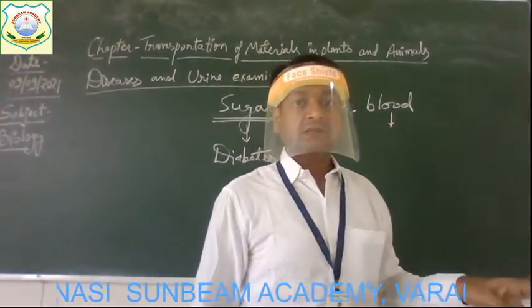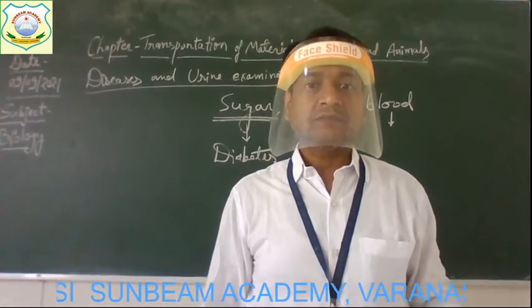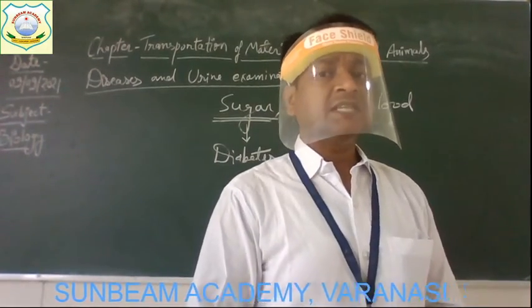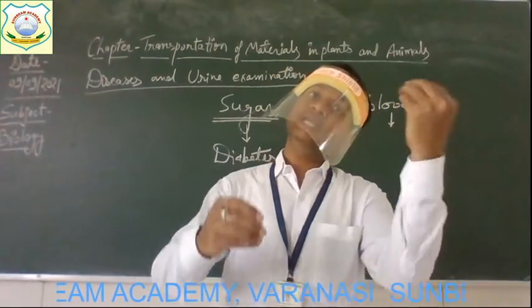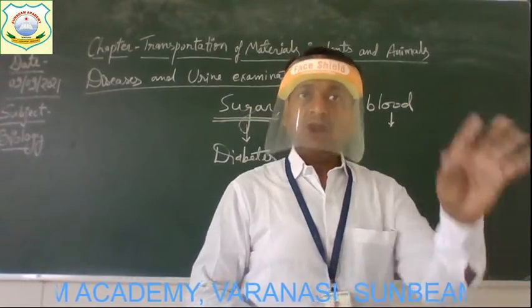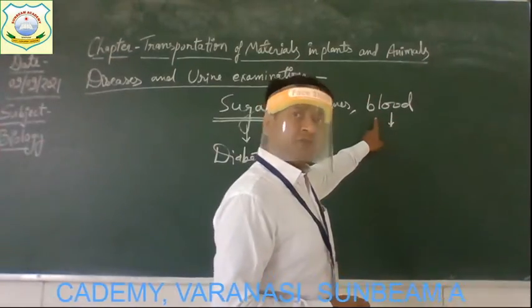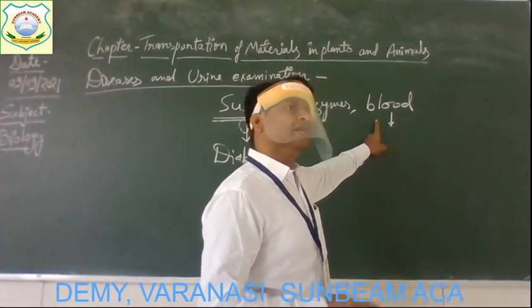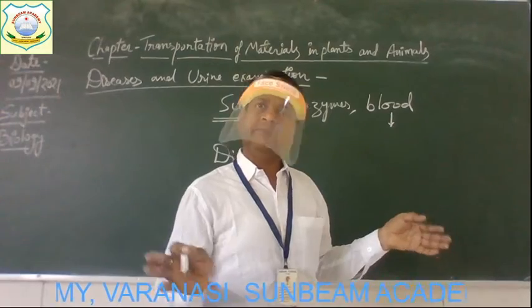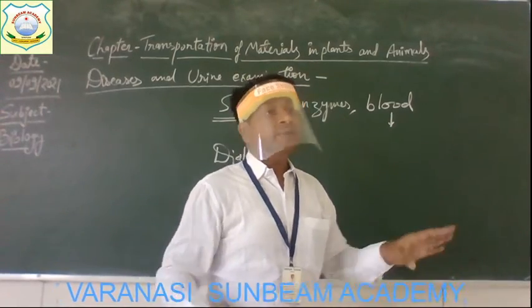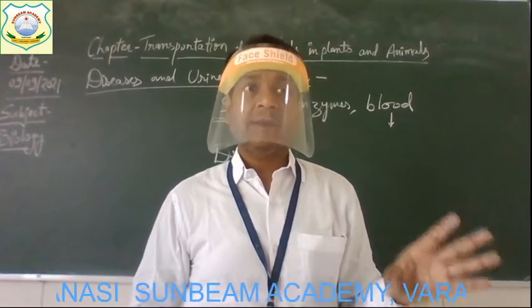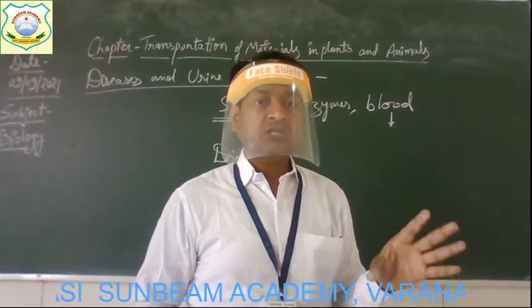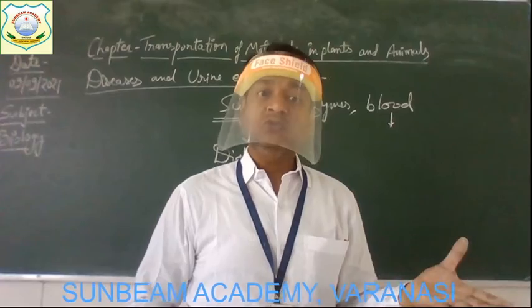Get it? Understood everyone? Now, if a person's kidney is damaged, suppose the whole kidney gets damaged, not a few nephrons. If a few nephrons are damaged and blood is coming, it can be treated by proper medicines. But suppose the kidney of some person gets damaged, in such a case, what to do?